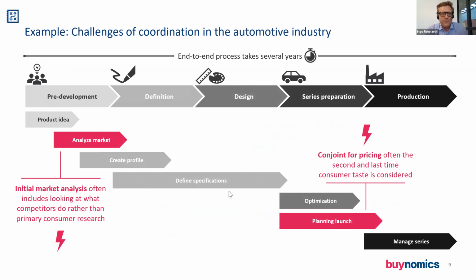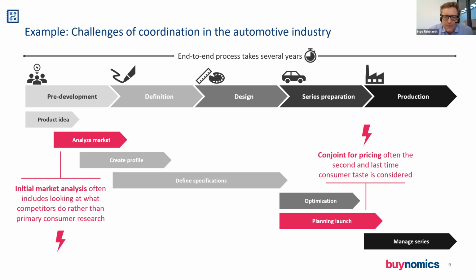Let's go into a further topic, the challenge of coordination. And here we're looking at a different industry, automotive, and the case of new product design. So a new vehicle is being built, but it's very similar in other industries everywhere, where you have the challenge of developing a certain product, which might take a longer period of time.